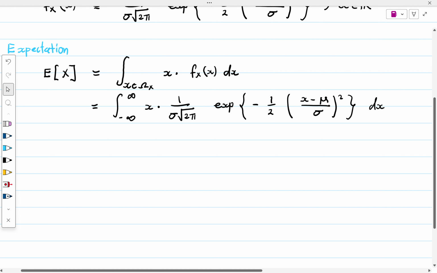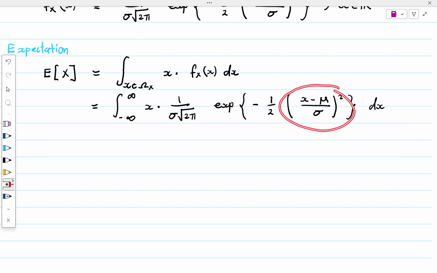It is at this point that I will pause and notice that this is a somewhat difficult integral to evaluate, but I do notice one thing that I'm hoping will help us in the long run. See here, I have an exponential function with a power which has x squared in it.